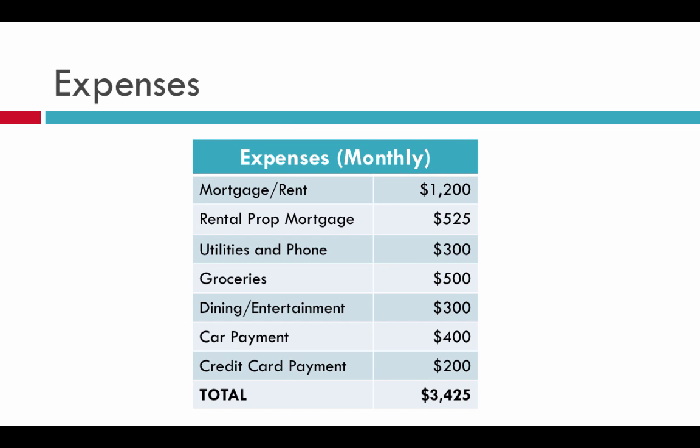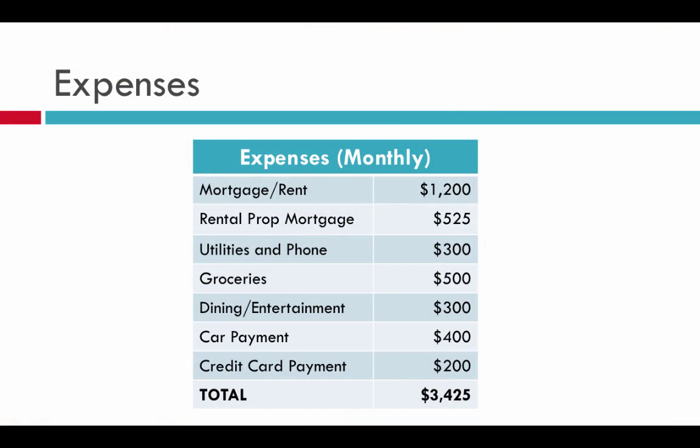Now let's flip over to the expenses side of the cash flow statement. Think about every bill you pay, everything you buy, every dollar you spend. Most of us have a mortgage or rent to pay for where we live. This person's mortgage is $1,200. This person also had a rental property, you'll recall, and they spend $525 on the mortgage for that property.